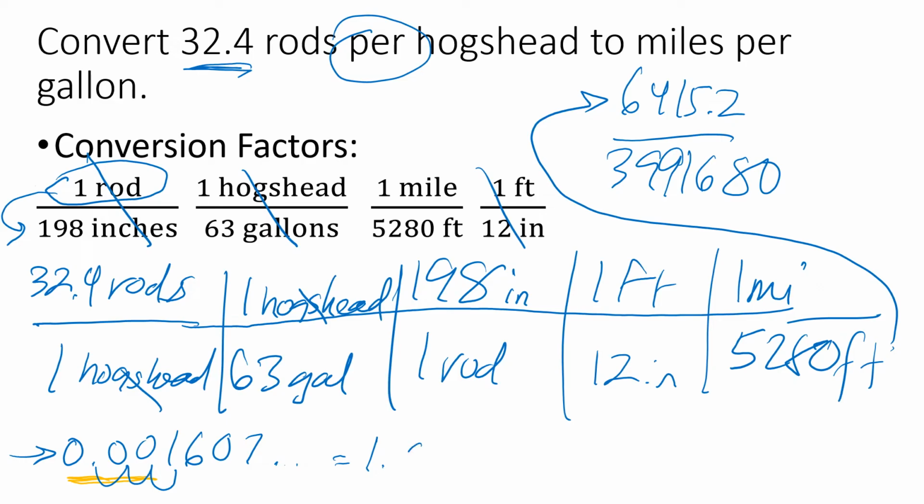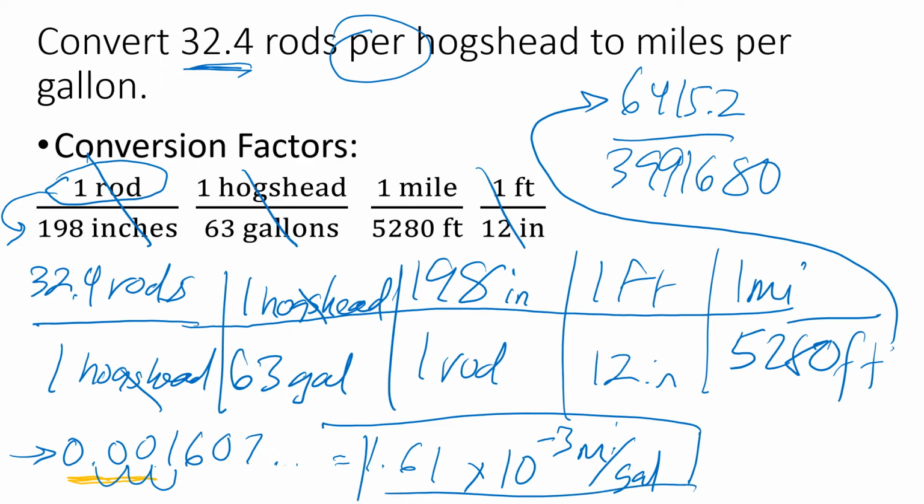So 1.61 times 10 to the negative 3 miles per gallon. Or you can just round it correctly, so it'd be 0.00161 miles per gallon.